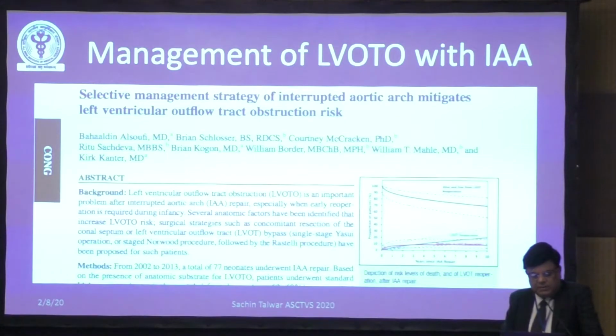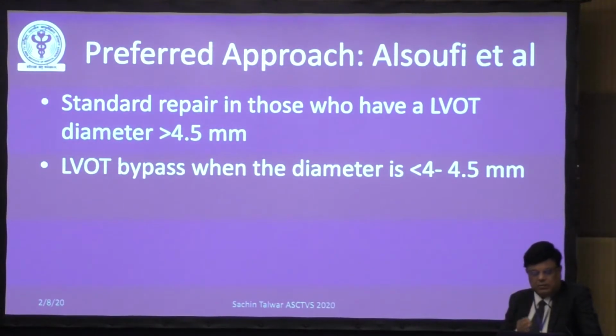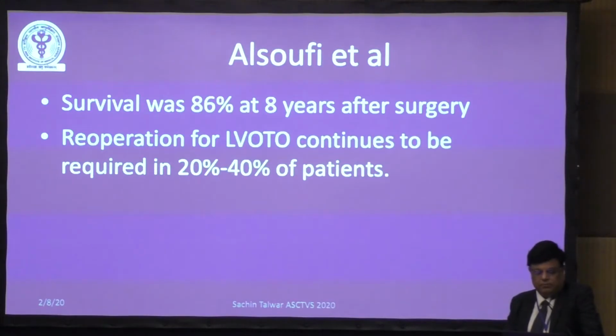So this is a sort of a guideline paper, again, from the CHSS, and it gives the guidelines, and the preferred approach is to do a standard approach in those patients who have an LVOT diameter of more than 4.5 millimeter, and LVOT bypass if the Z-score is less than 4 or 4.5.